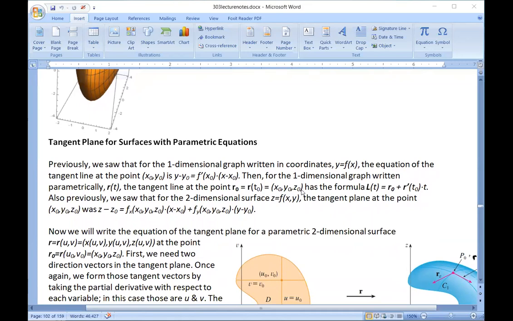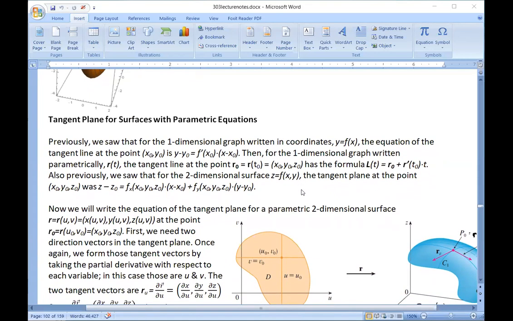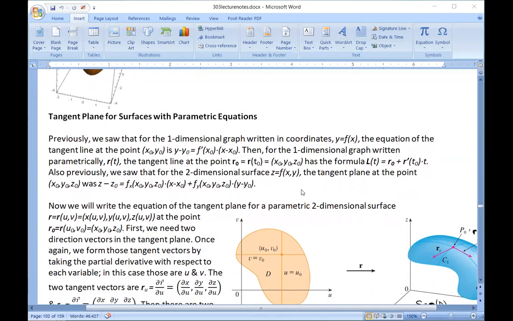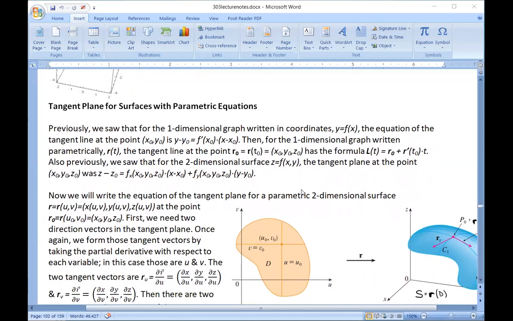Now, in this case, the two variables that we use to describe the surface are u and v. So our function is r. We take the derivative with respect to both variables. So we're going to have dr du, and that's going to be one tangent vector. And we're going to have dr dv, and that's going to be the second tangent vector.